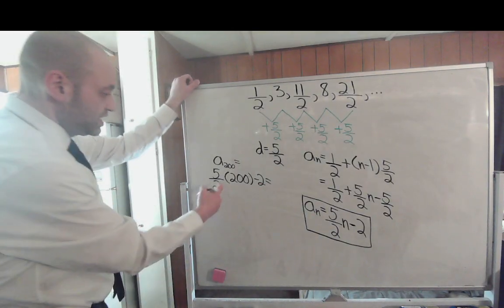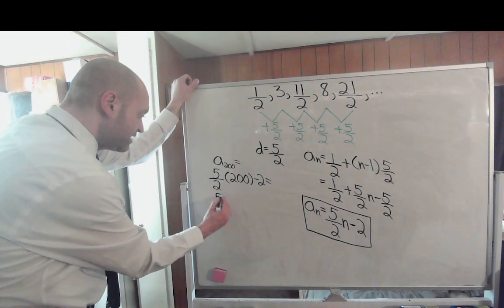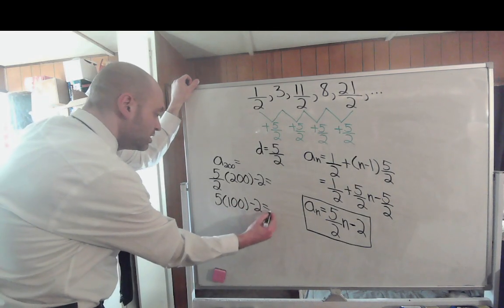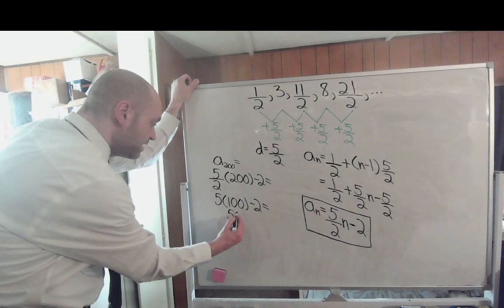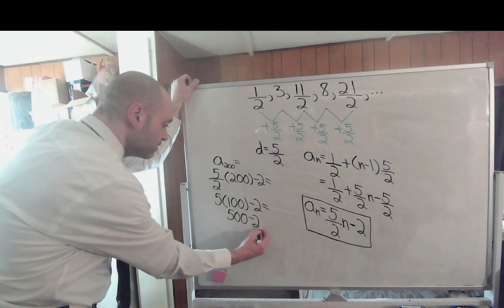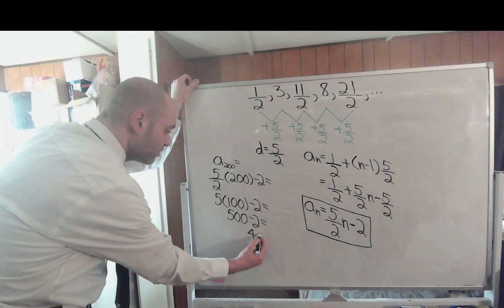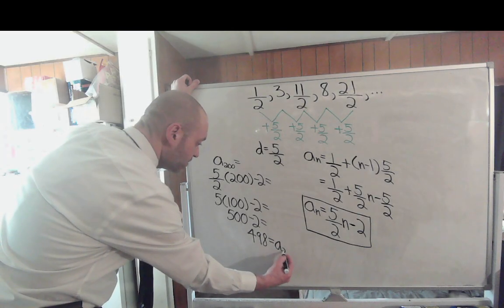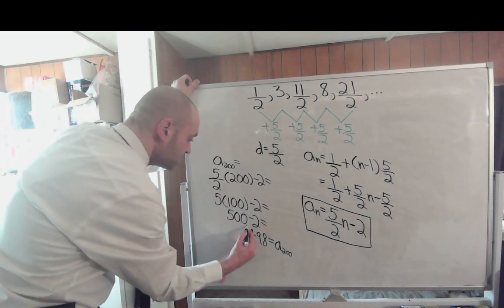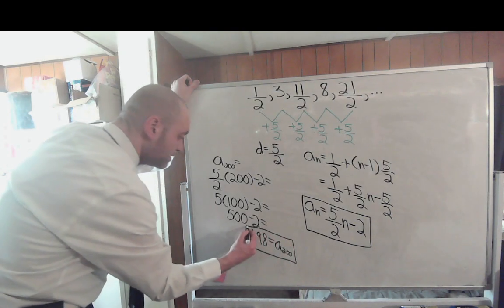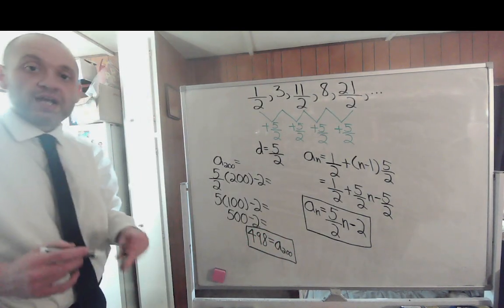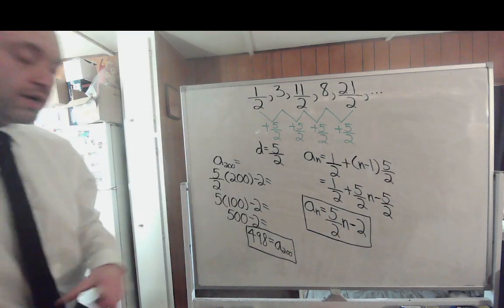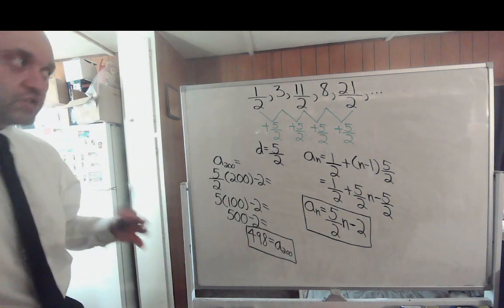That would be the same as 5 times 100 minus 2, which would be equal to 500 minus 2, which would give you 498. So the 200th term of the sequence would be 498. So it's very nice with arithmetic sequences that you can do these shortcuts.